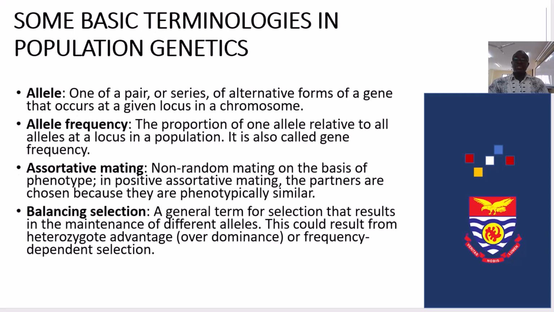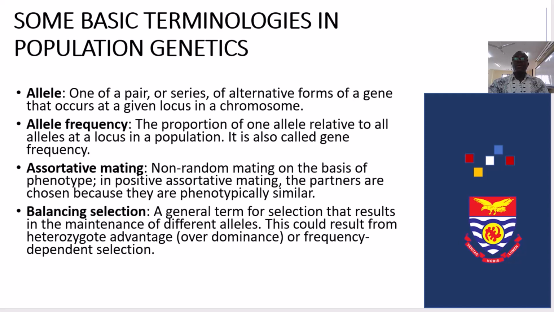Some basic terminologies in population genetics. Allele: one of a pair or series of alternative forms of a gene that occurs at a given locus in a chromosome. Allele frequency: the proportion of one allele relative to all alleles at a locus in a population. It is also called gene frequency.